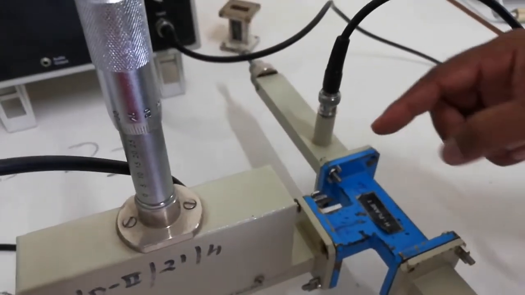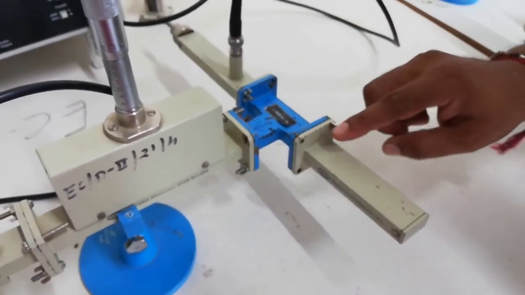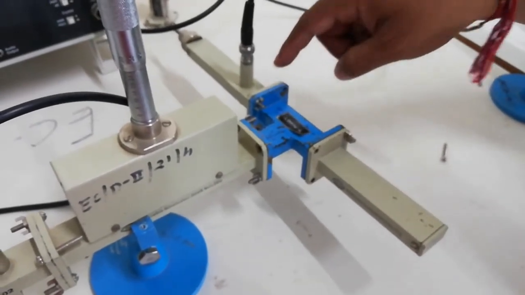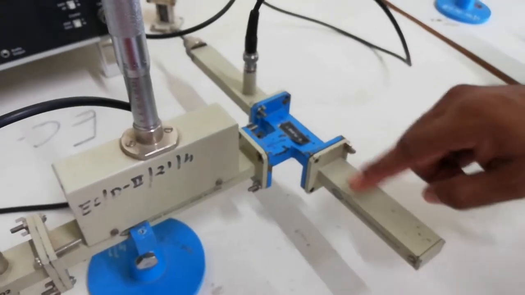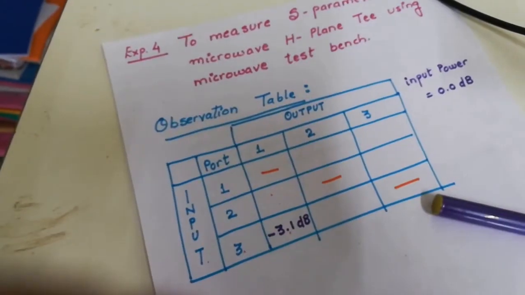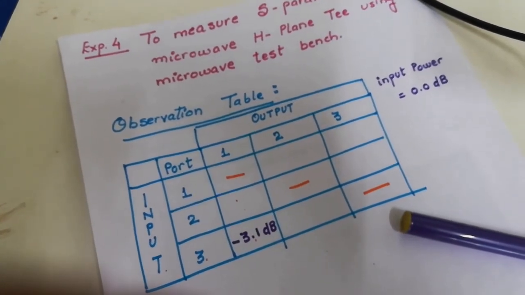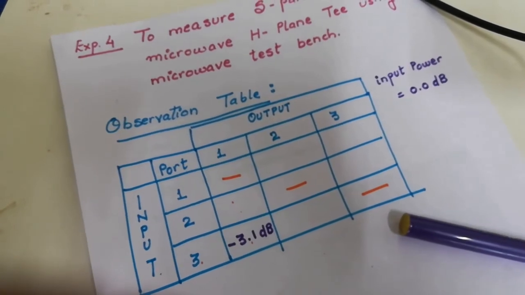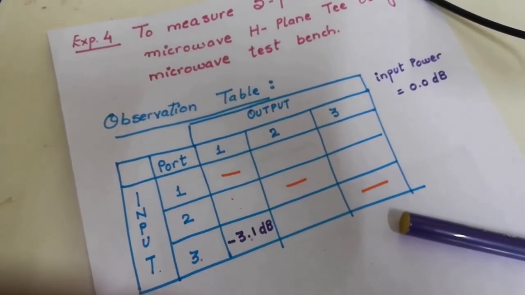Now what we'll do is interchange the position of the detector mount and match termination. So we'll give match termination at this port, and we'll take this detector mount at this position, and we'll measure the power. Our input power is 0 dB. I have written input power as 0 dB, and we have given input from port number 3, and we have measured output from port number 1.